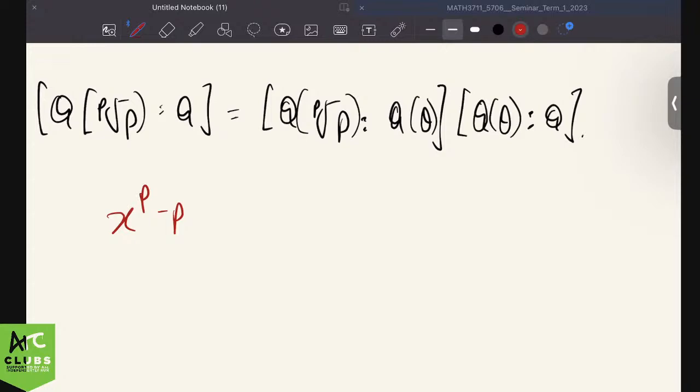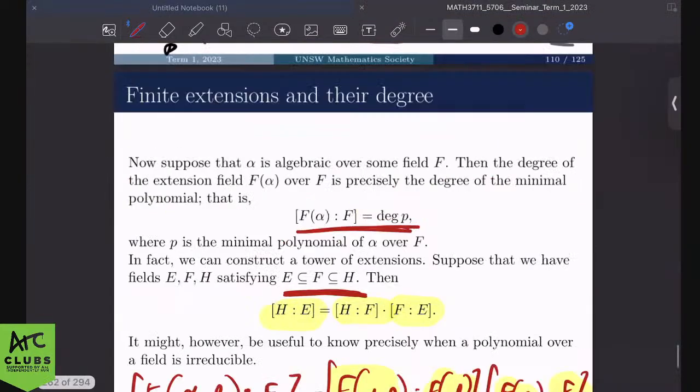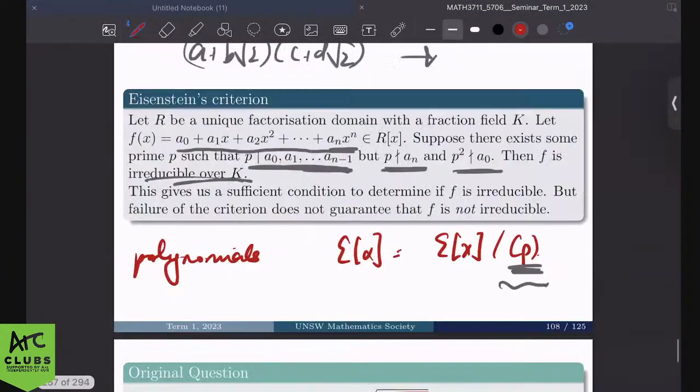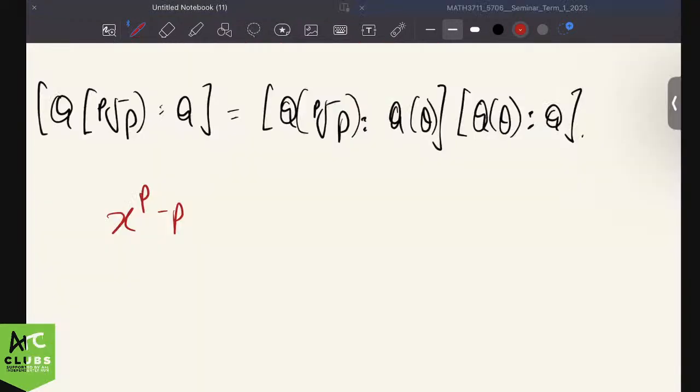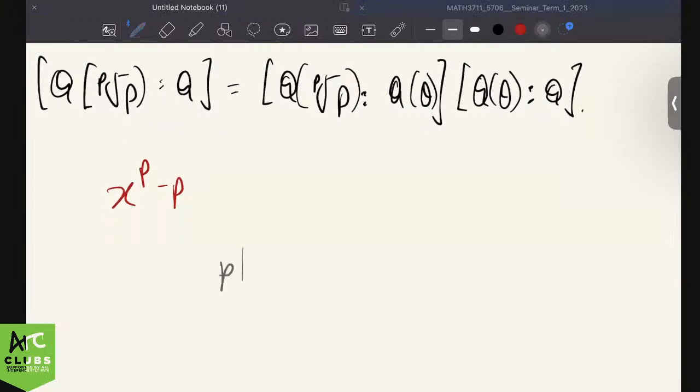So Eisenstein's criterion, let's go back to that, says that if we've got a prime such that it divides all of the coefficients except for the first one, but it doesn't divide the first one, and p squared doesn't divide the last one, then f is irreducible. So in this case, yes, we've got p divides p, p divides 0, all the way up to p divides 0, and then p doesn't divide 1, and then p squared doesn't divide p, okay?